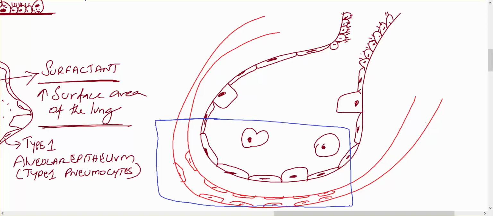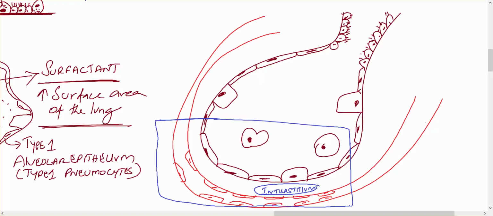In between them we have an interstitium. Now the interstitium is normally not even seen in the microscope, which means it is present but so thin, because the alveolar epithelial membrane and the alveolar capillary endothelial membrane are attached very closely.